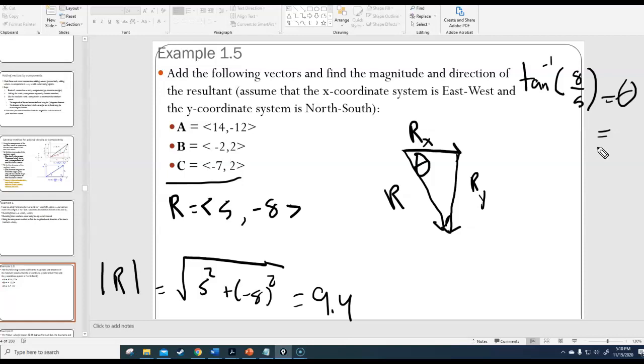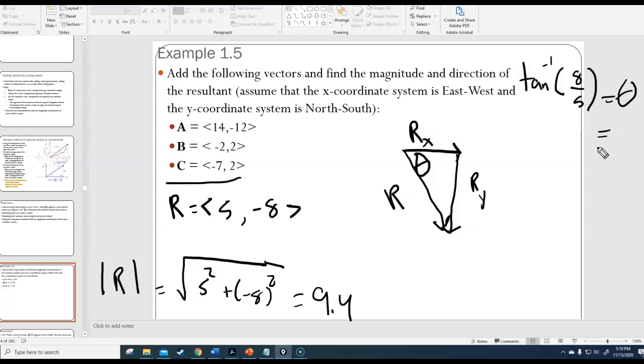I can tell by looking at the picture that this is going to be the south of east angle. So that negative sign in front of the 8 does nothing for me. In fact, it might even give me the wrong answer. And so when I go to calculate the angle, I'm going to leave out any signs, and I'm going to take care of the direction part on my own. That's why I'm doing inverse tangent of 8 over 5 and not -8 over 5.